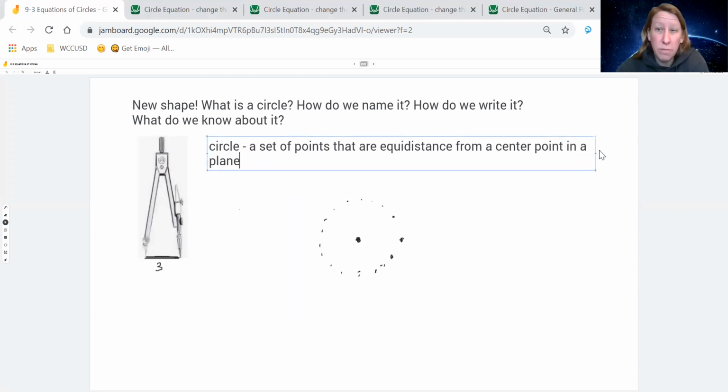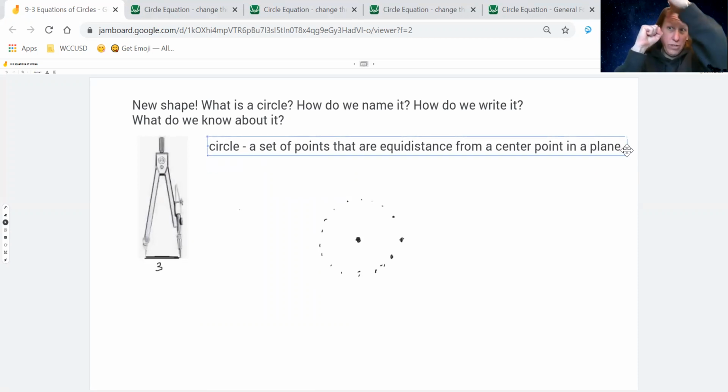If you did this 3-dimensionally, if you had a point and you had all the points around it, what shape is that? A sphere. All right, so a circle is a set of points equidistant from a center point on a flat surface, on a plane. Okay. So this point is the most important.